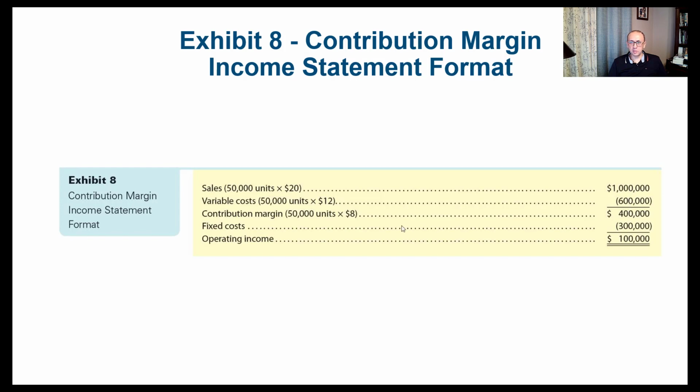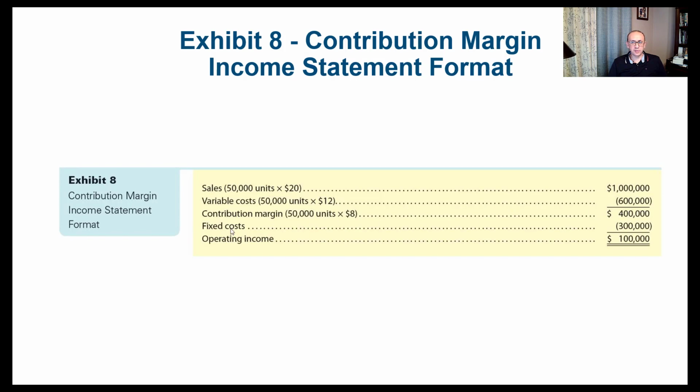The difference between these is the contribution margin, and it's equal to $400,000. You can think about it as 50,000 units multiplied by the contribution margin per unit, which is $8, the difference between the selling price and the variable cost per unit. So that's $8 multiplied by 50,000, and that's $400,000.